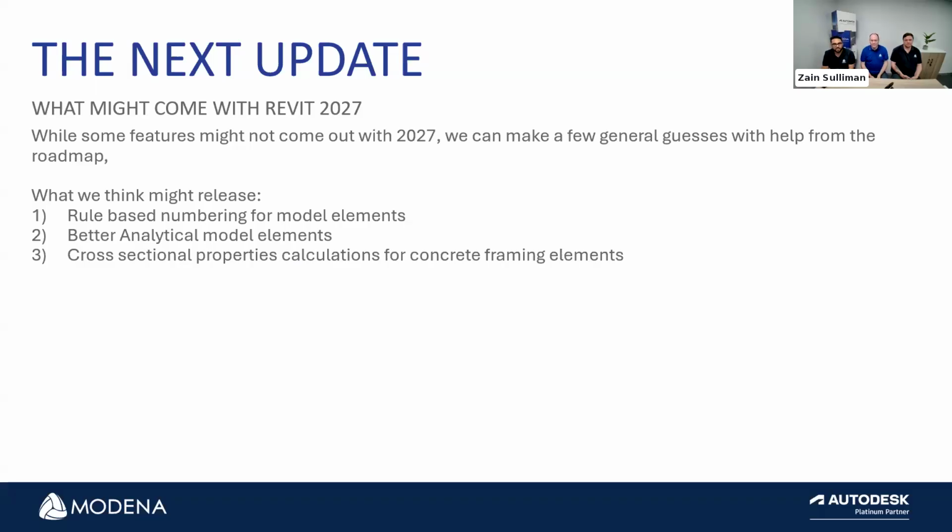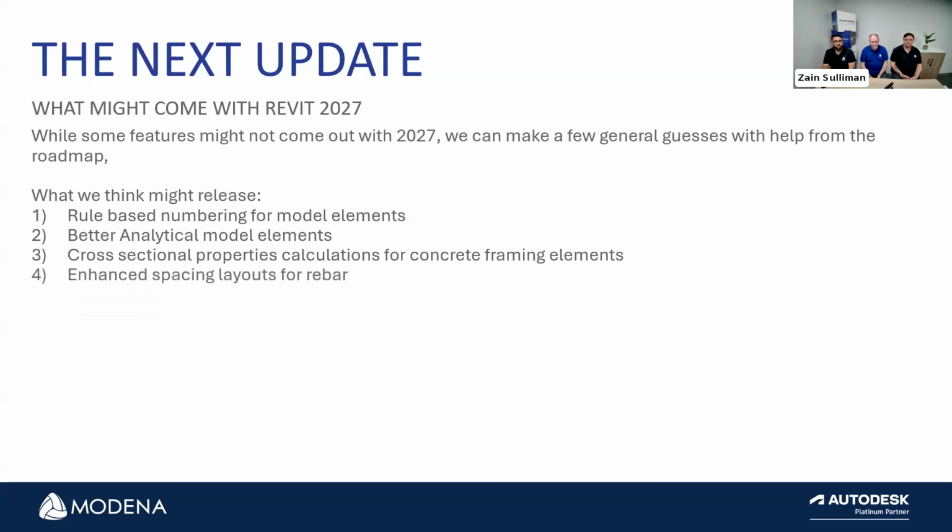Next thing is cross-sectional property calculation for concrete framing elements. What this means is that you can get your moments of inertia from Revit's concrete beams. So if your beam is a funny shape, you can do a bit of analysis inside of Revit to get the information you would need for software like Robot Structural Analysis, which is awesome.